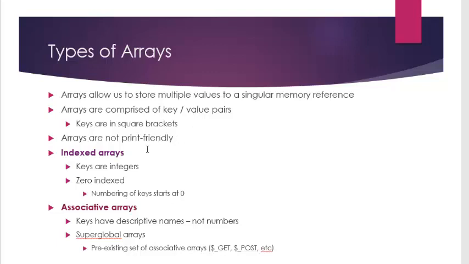In an indexed array, and this is probably the more common one in the big scheme of these things, the keys are going to be integers, and they are going to be zero indexed. Zero indexed means that the first value is going to be in position 0. Now, we as humans, when we count, we start at 1, but machines start at 0. So that's what zero indexed means.